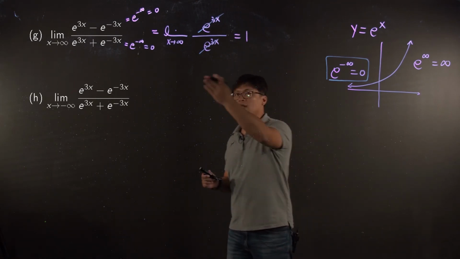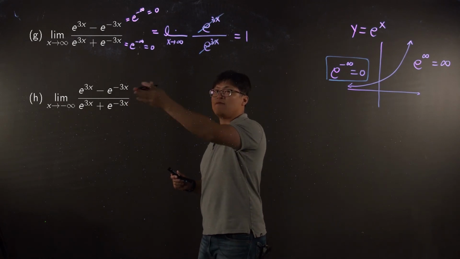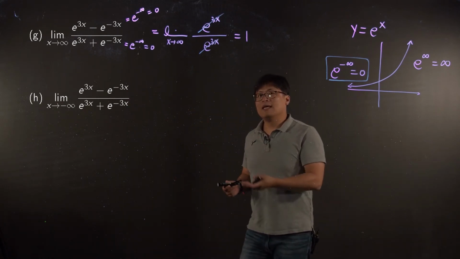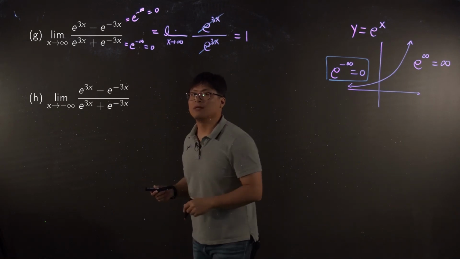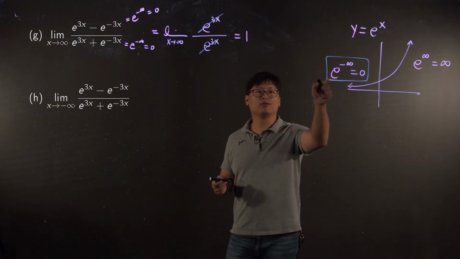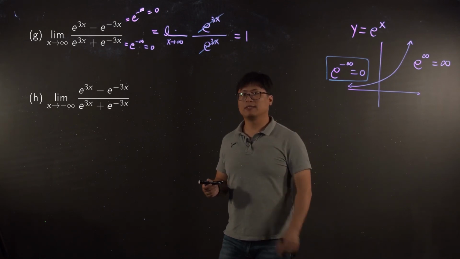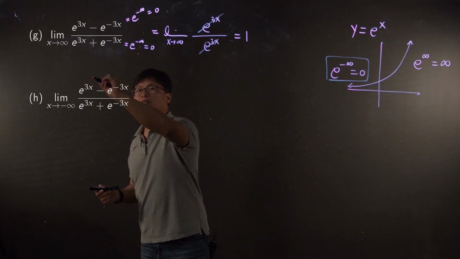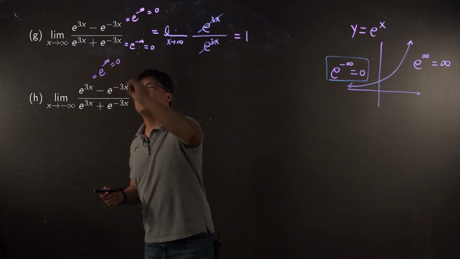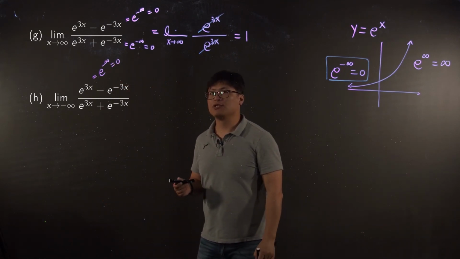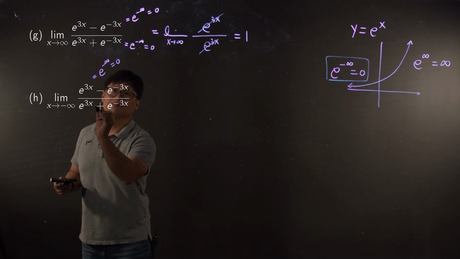And let me apply the same thing for h, right? So look at that. Same function, but the direction is different, okay? X goes to minus infinity. Then which part equals this one? E to the minus infinity. You're right. I'm talking about this guy. By plugging in, it will be e to the minus infinity, which equals 0, okay? And also this guy.